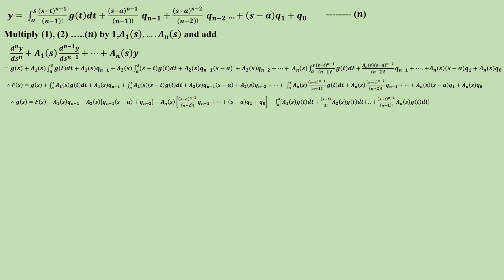So we minus a2(s) q_(n-1)(s minus a) plus q_(n-2), and we are grouping the a1(s), a2(s), and so on up to an(s) terms, minus an(s)(s minus a)^(n-2)/(n-2)! q_(n-1).